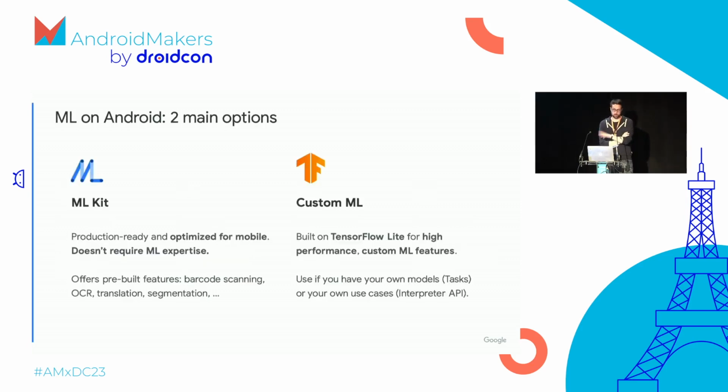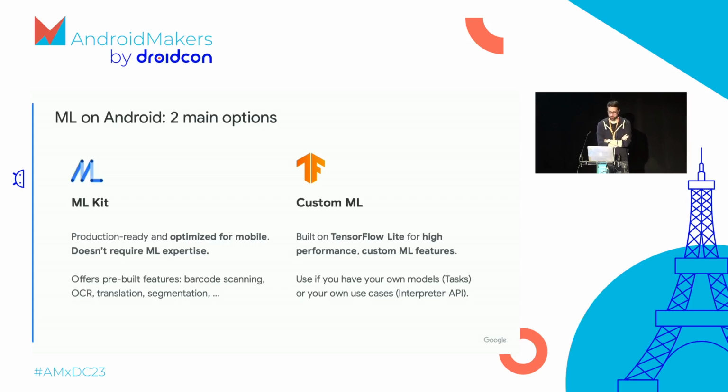So today, if you're an Android developer and want to benefit from machine learning for your applications, there are two main tracks you can use. The first one is MLKit, and this one is very much targeted at Android developers that don't know anything about machine learning. Those are features backed by machine learning, but you don't need to understand how they work.